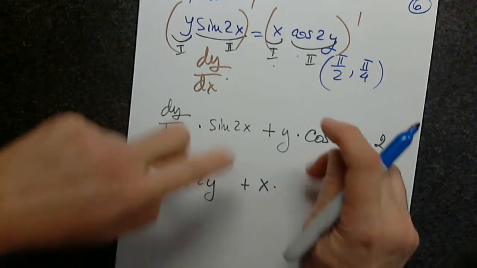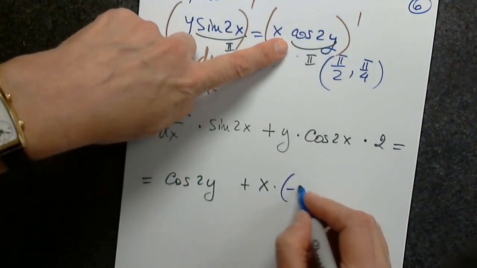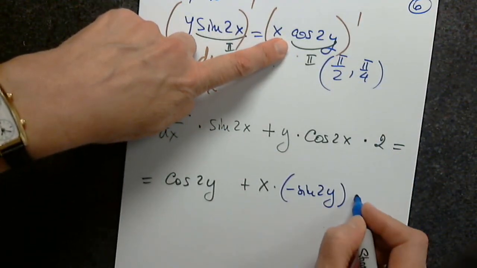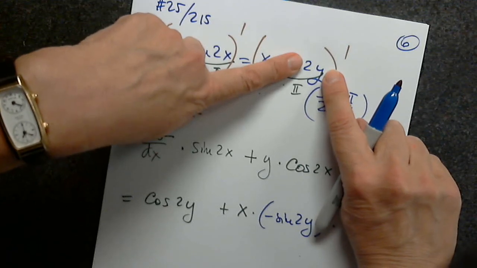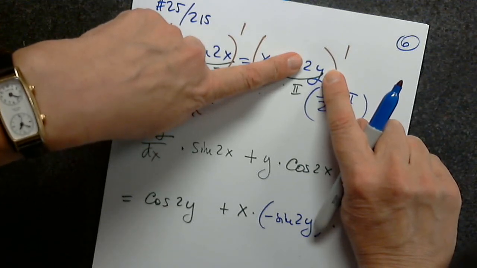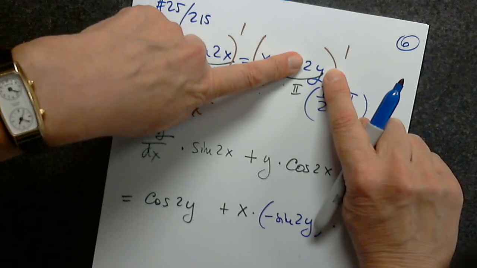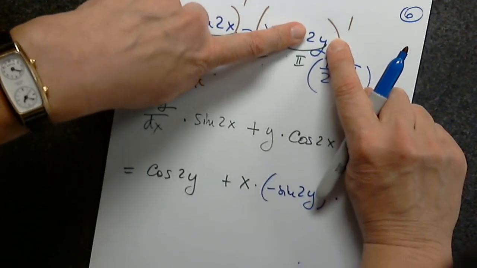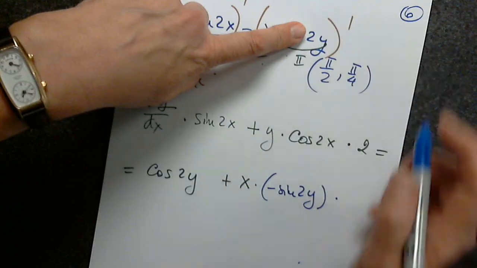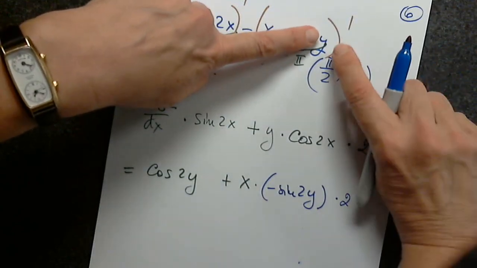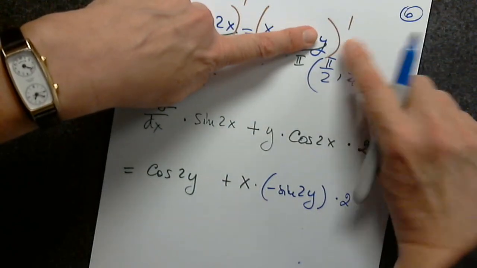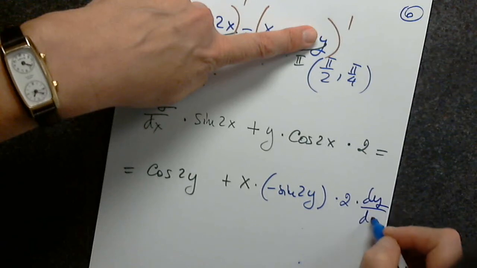Yes. So when we differentiate cosine 2y, we have negative sine 2y times. Now I have to differentiate 2y, which is a constant times a function prime. So I differentiate 2y to get 2 times, very good.